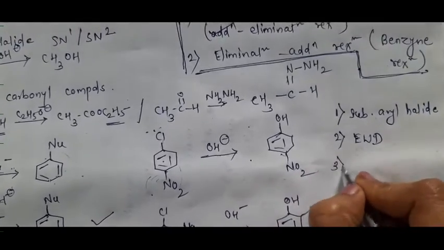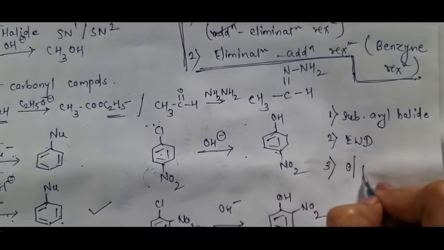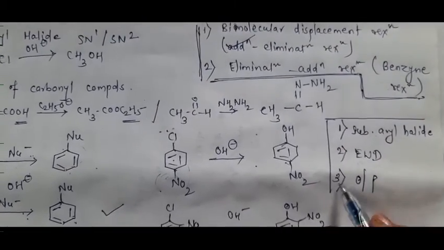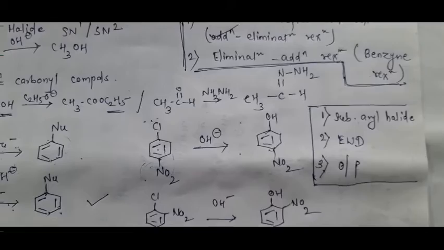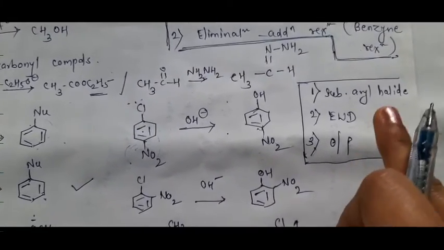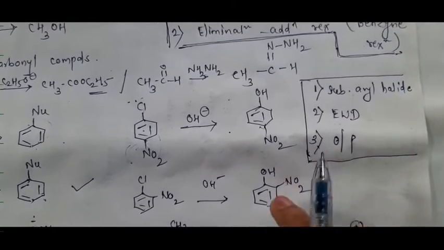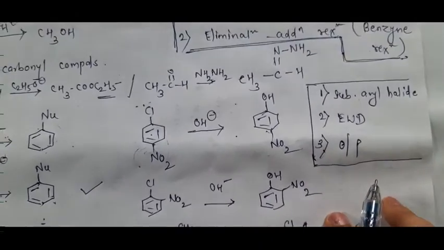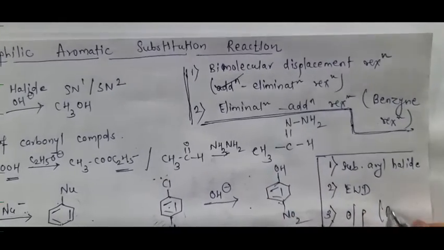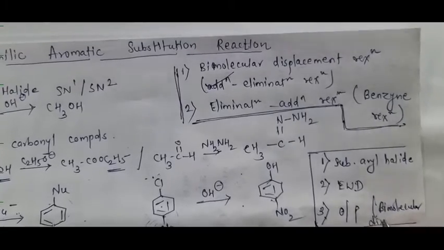The third characteristic point is the position of this electron withdrawing group. The position has to be either ortho or para, or both ortho and para. If and only if all these three conditions are fulfilled, then I can have a nucleophilic aromatic substitution reaction which takes the path of bimolecular displacement.